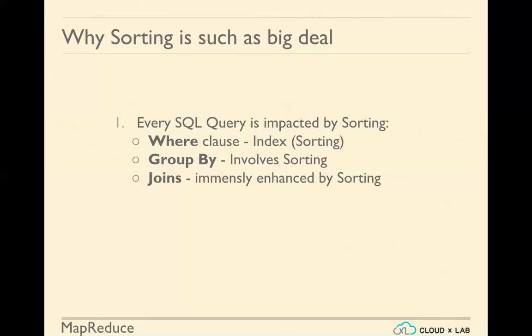If you have two tables and you try to join by taking one record and looking it up in the other table, it is very slow. If you sort the data, joins become really, really fast. So most of the joins in these databases can be heavily impacted by sorting.